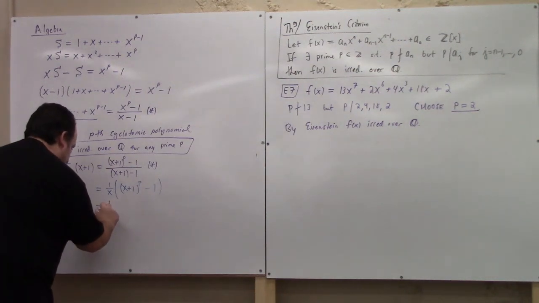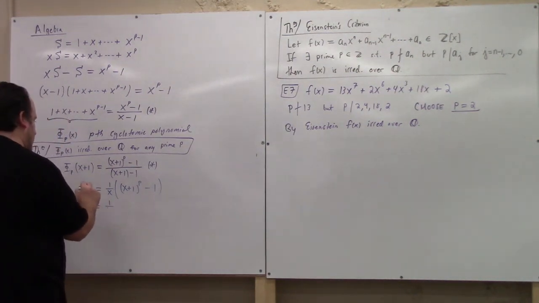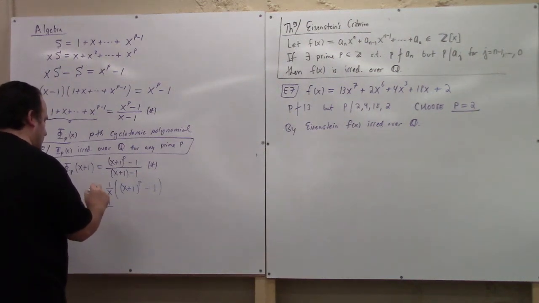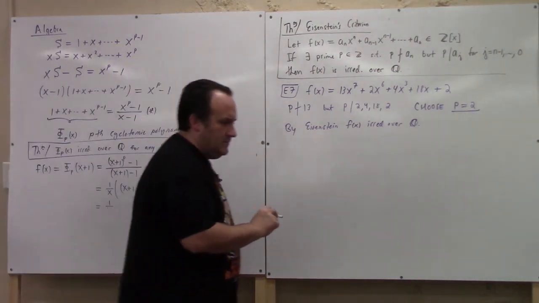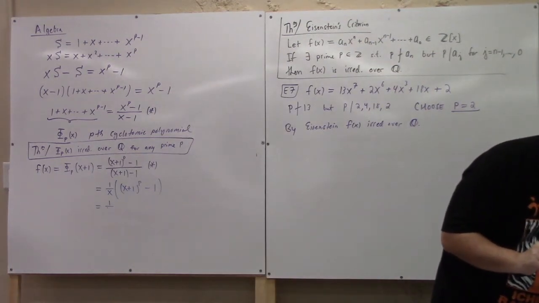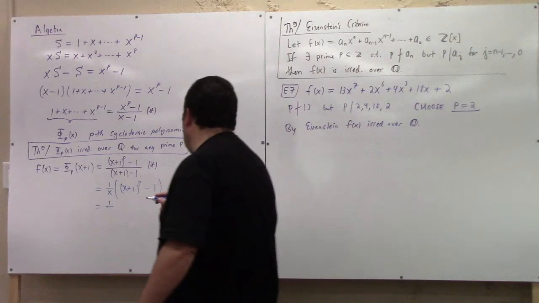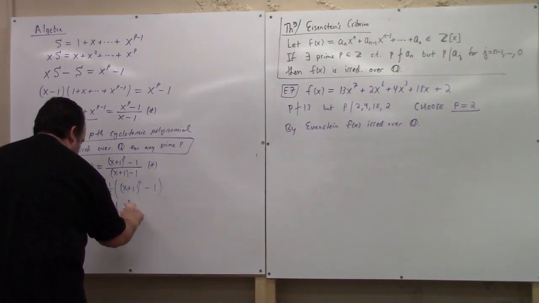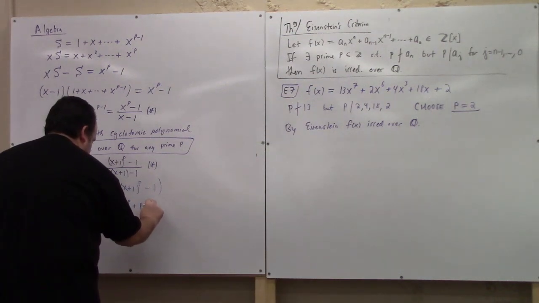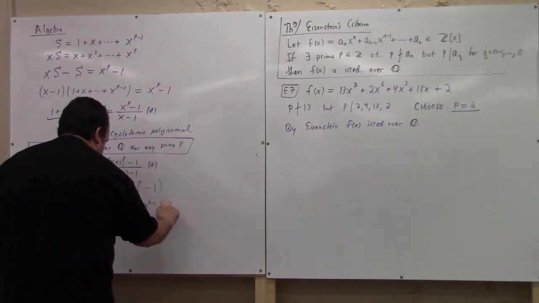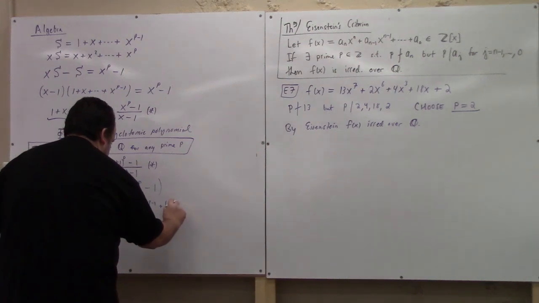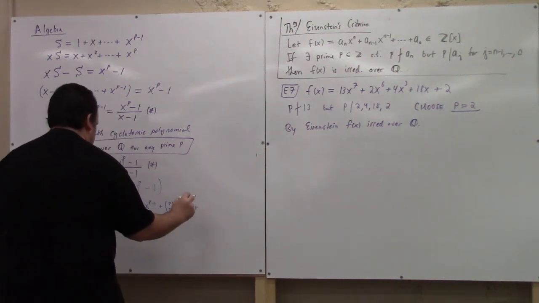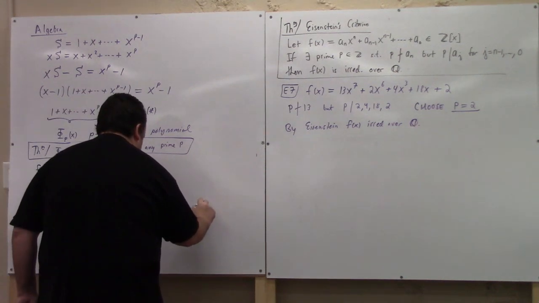Well, that's 1 over x times x to the power p plus p x to the p minus 1, plus p choose 2 times x to the p minus 2, plus da-da-da-da, plus eventually you get to 1 to the p.